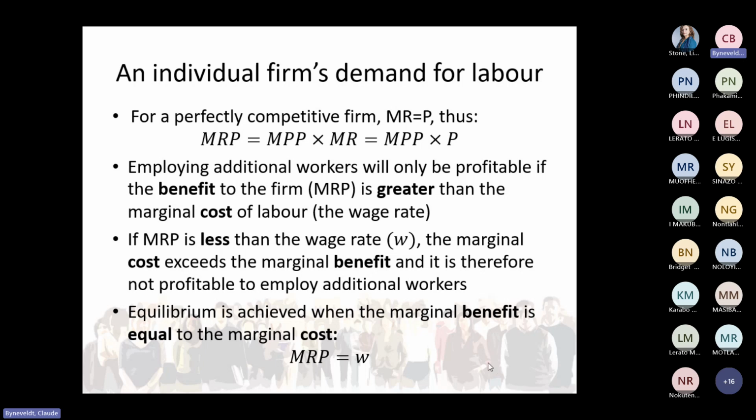In the labor market, equilibrium is achieved when the marginal benefit is equal to the marginal cost, so when the marginal revenue product is equal to the wage rate, which is the marginal cost of labor. That is important, because it is different from the goods market.